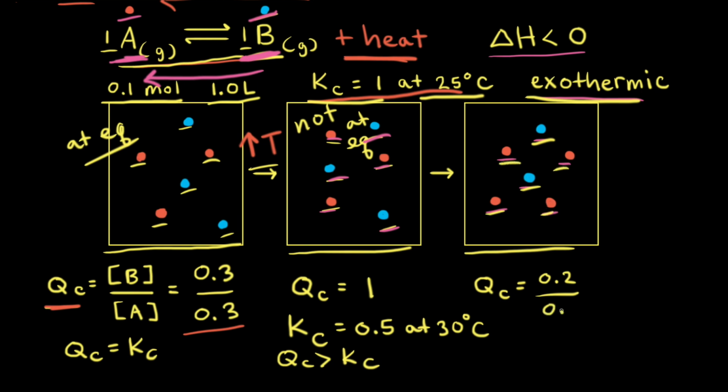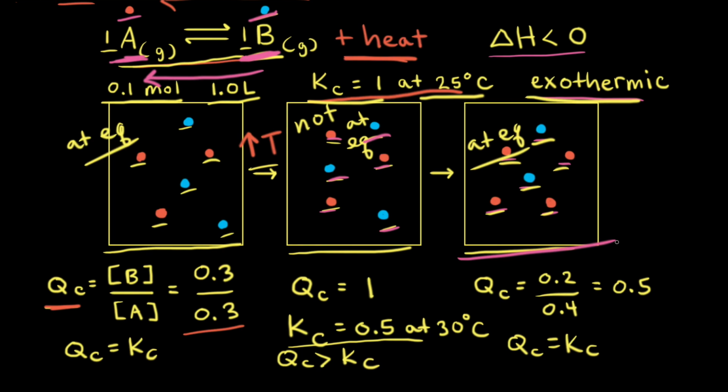So 0.2 divided by 0.4 is equal to 0.5. Well, Kc is also equal to 0.5, therefore Qc is equal to Kc, and the reaction is at equilibrium. And when a reaction is at equilibrium, the concentrations of reactants and products are constant.